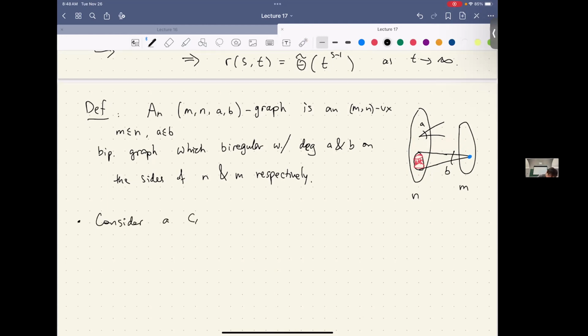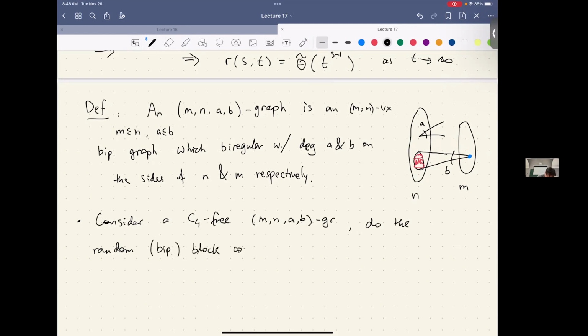So consider a C4-free (m, n, a, b) graph. Now do the random bipartite block construction on the m vertex side as above.